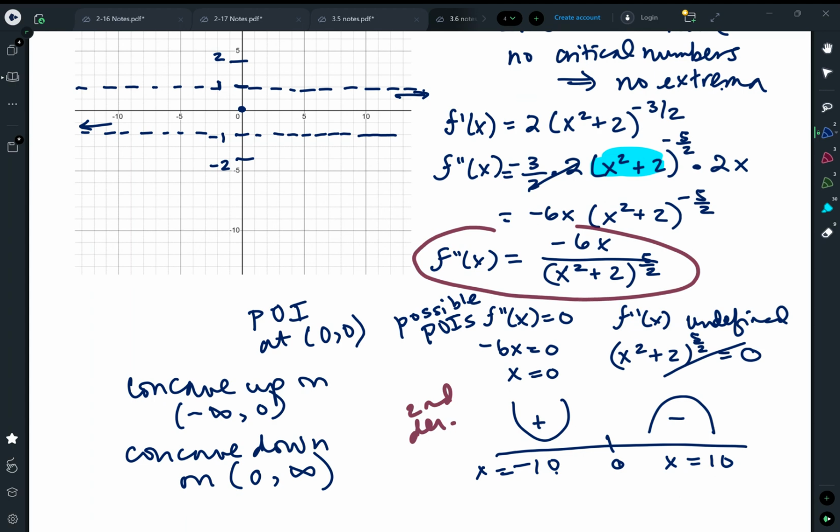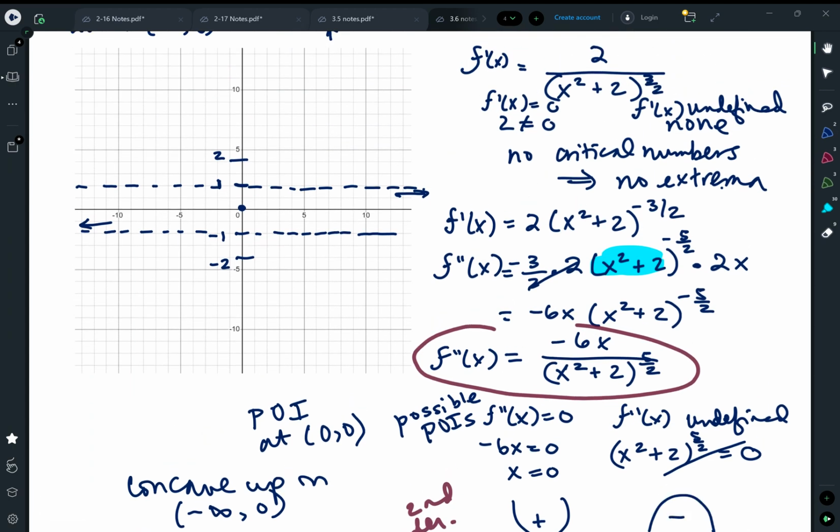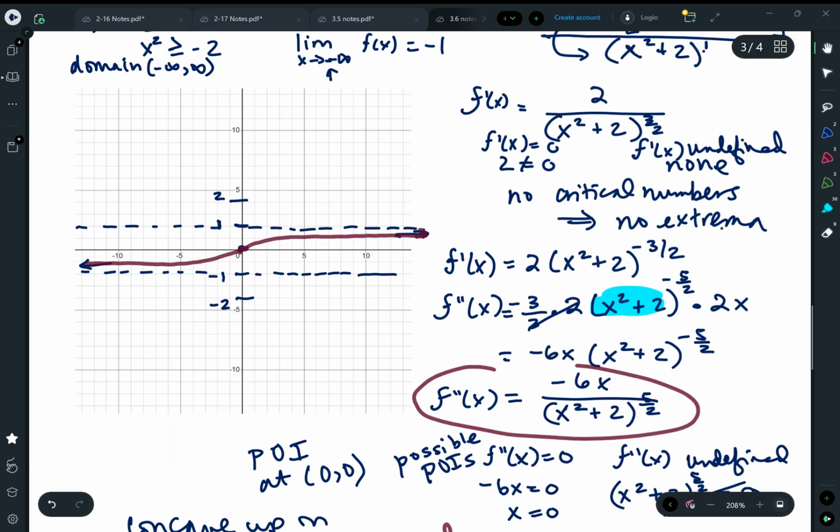So all that's left is to draw in our shape here. So we're going to do a concave up part here. Oh, got to put my marker back on. And then a concave down part over here, where I've got a slight point of inflection there in the middle. So it's kind of an interesting graph. Not maybe what you would expect here.